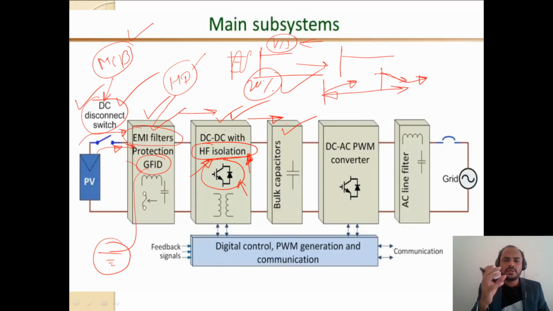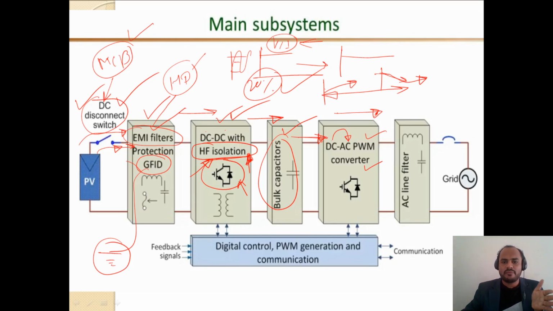It stores the requisite voltage or power for a short span of time, because whenever we require DC to AC conversion in the PWM converter, we need to give an uninterrupted DC supply to this DC to AC converter. That is why, to give an uninterrupted supply of stable DC voltage, we require the DC link electrolytic bulk capacitor over here.